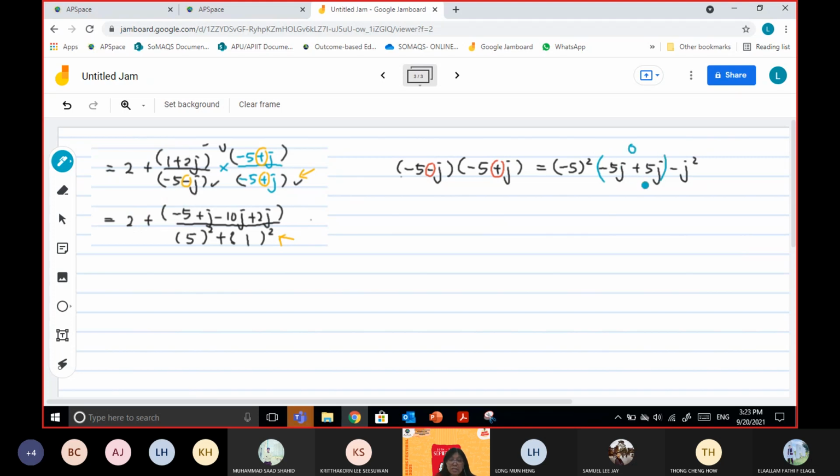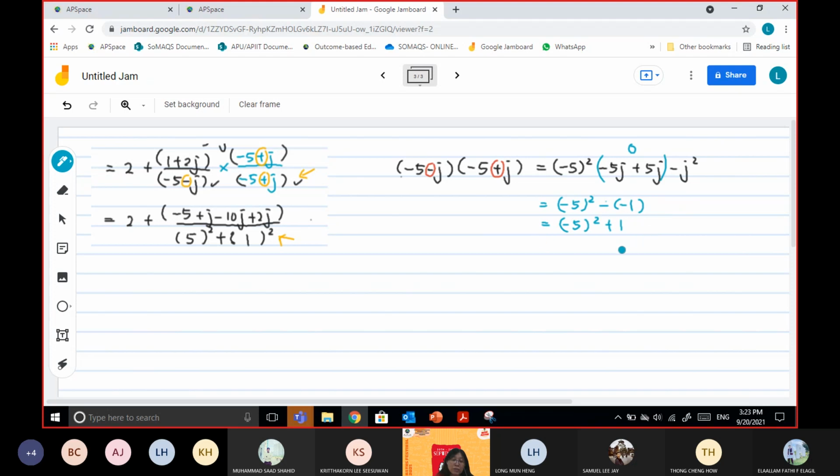Minus 5j plus 5j is 0. Then at the end you have minus 5 square, and then minus j square, and j square is minus 1. Multiply the minus and minus, so it's actually plus 1.